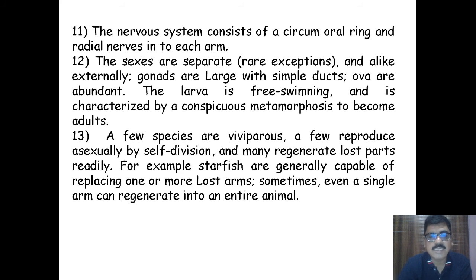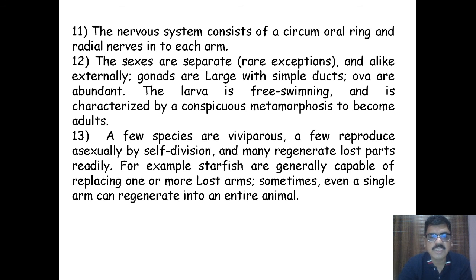A few species are viviparous. Viviparous means they directly give birth to young ones. A few reproduce asexually by self-division, and many regenerate lost parts. Many have a simple form, and therefore they have great regeneration power.